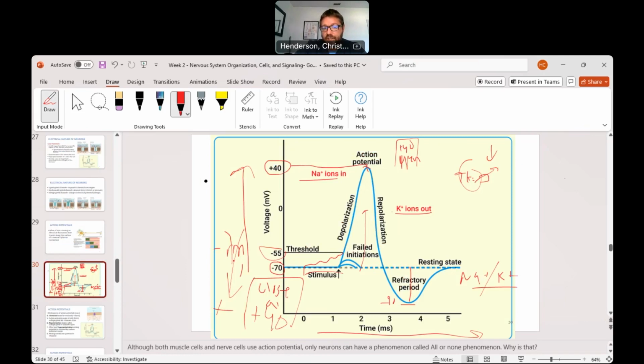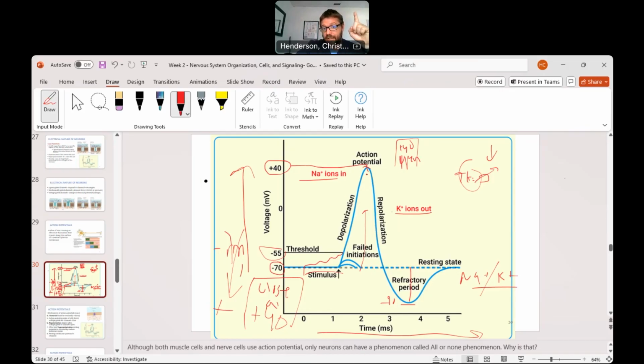The voltage gated channels open on the axon hillock, which allows a mass influx of sodium. That's why it goes up so fast. That is called depolarization when you get the sodium rushing in. It hits positive 40. What happens? Sodium channels close. Those voltage gated sodium channels also have a close number on them. Close at positive 40. But the potassium channels also have a voltage gated channel that says open at 40.